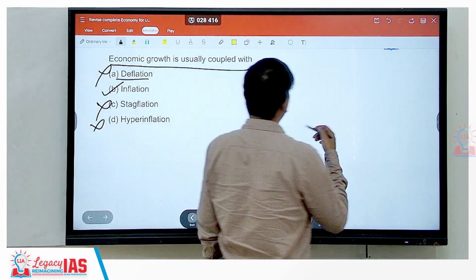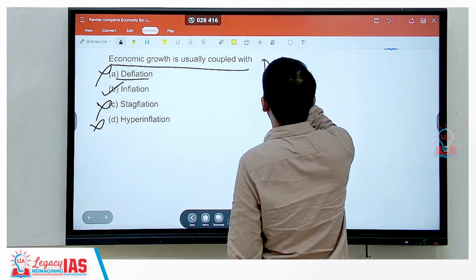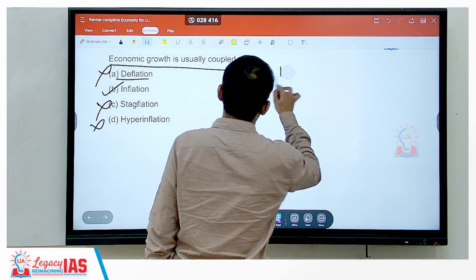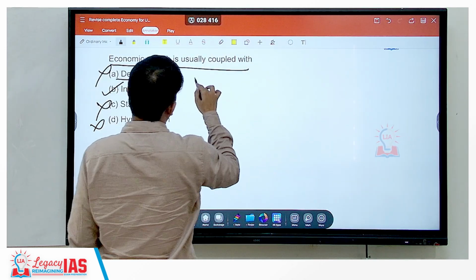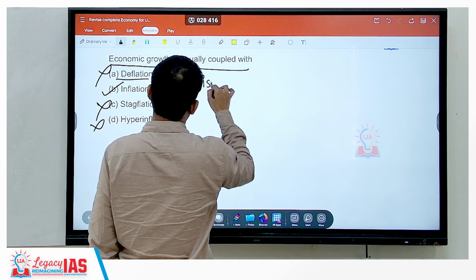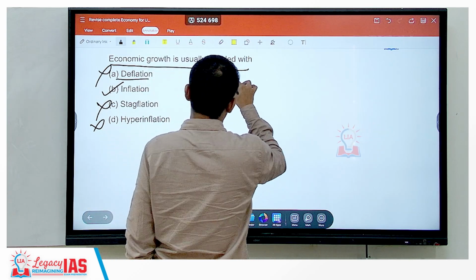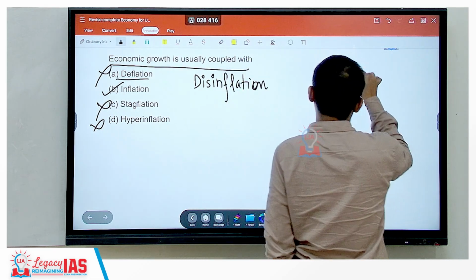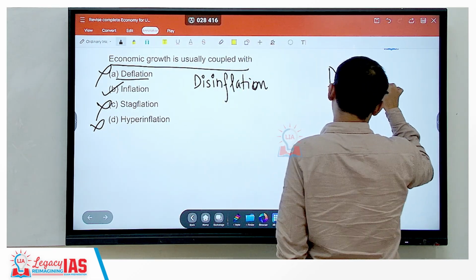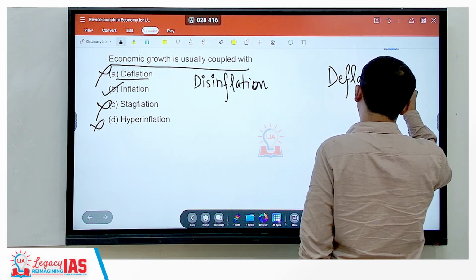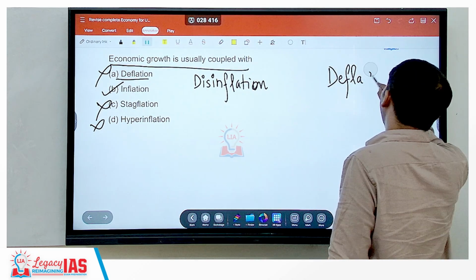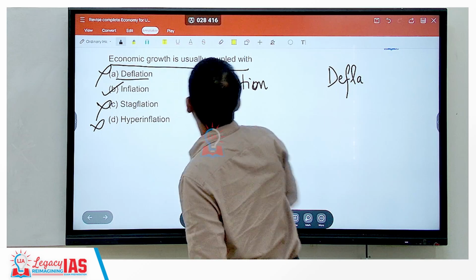So we will look at two similar concepts, that is disinflation and deflation.